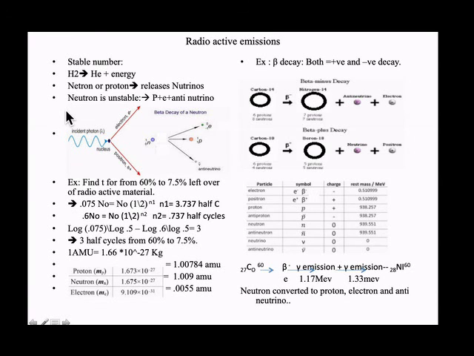If you see here, 1 AMU is 1.66 into 10 to the power minus 27 kg. Similarly, 1 proton is 1.673, and 1 neutron is 1.675. Electron is 9.1 into 10 to the power minus 31.